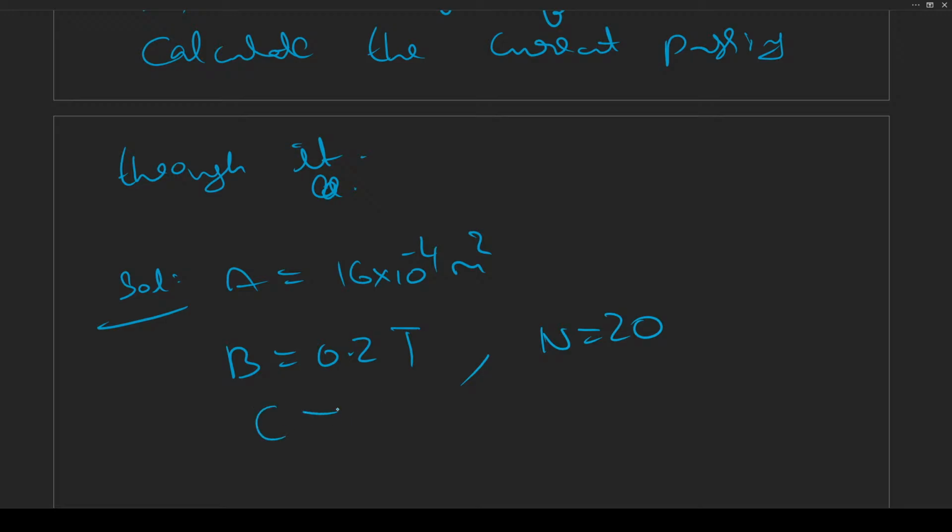C, which is equal to 10 power minus 6 Newton meter per degree.